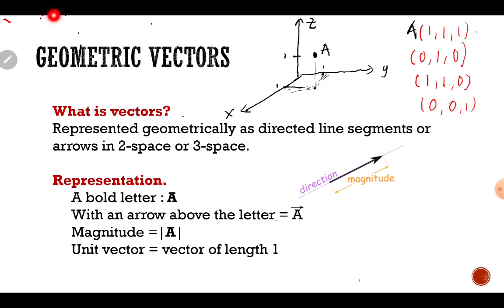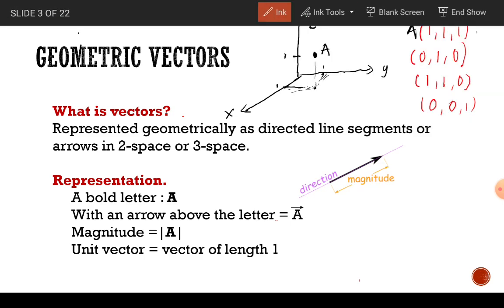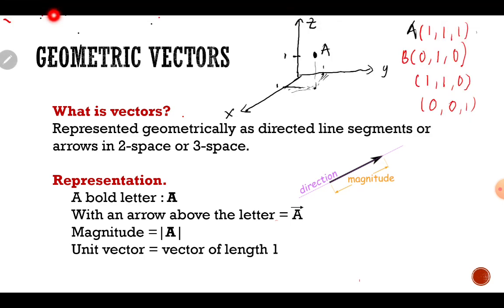Okay. And the next point, katakanlah kita ada point B. Okay, this is our point B. X kita kosong. So maknanya dia berada pada point kosong. Kosong kat sini, y kita 1. So maknanya dia berada di atas paksi Y 1. And z pun kosong.